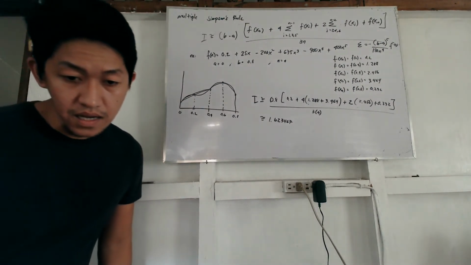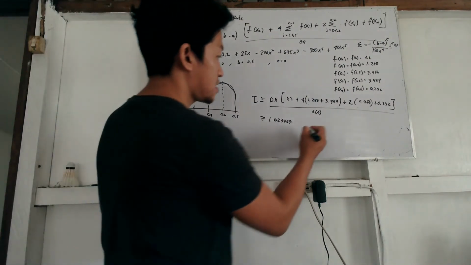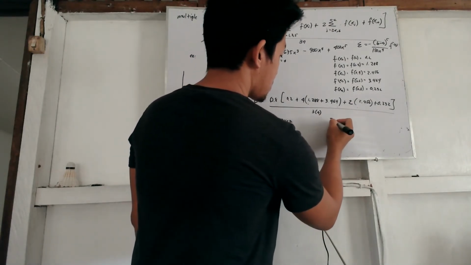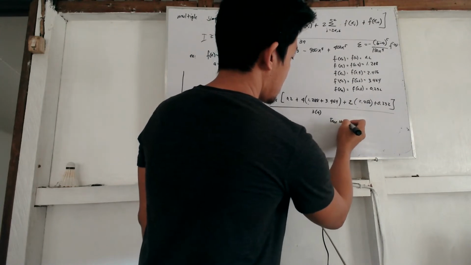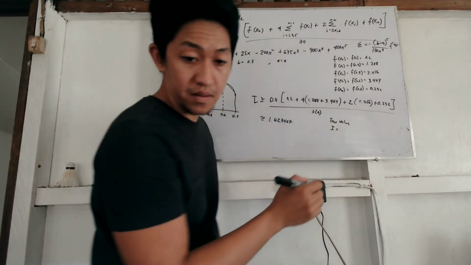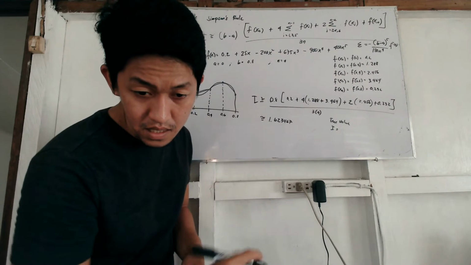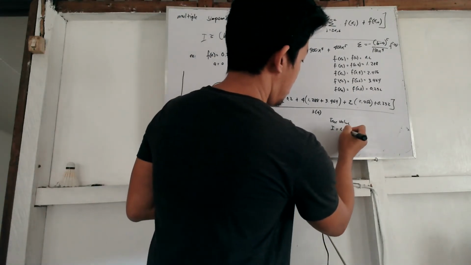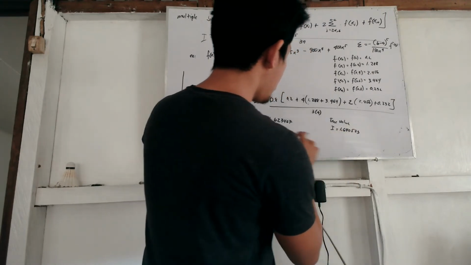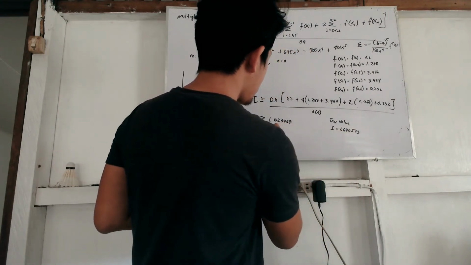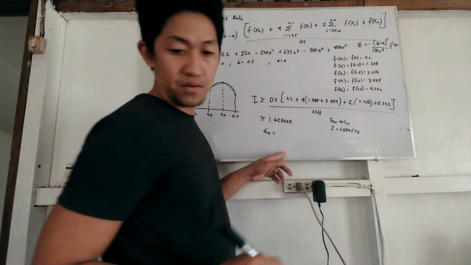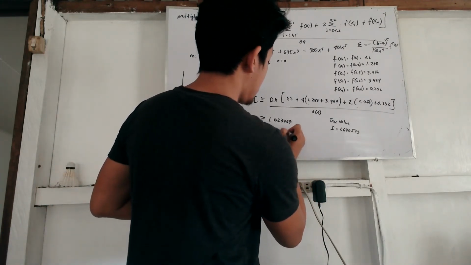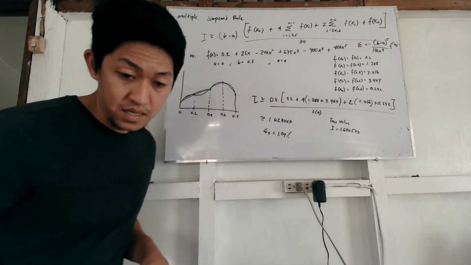So our true value, remember, is equal to 1.640. So our true error here would be 1.04%. Okay?